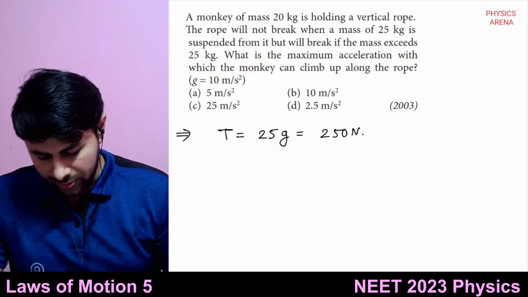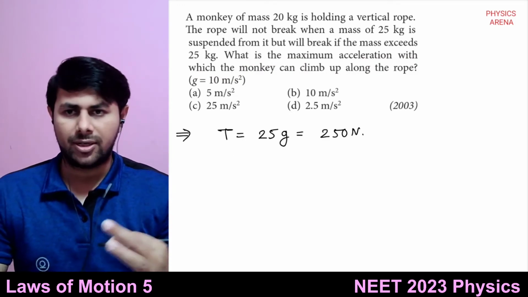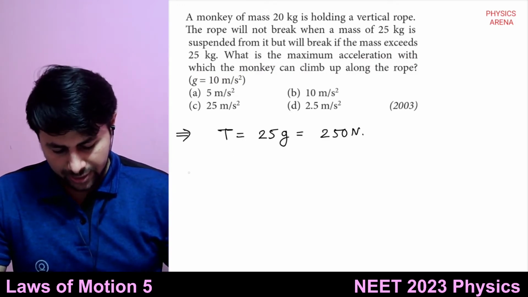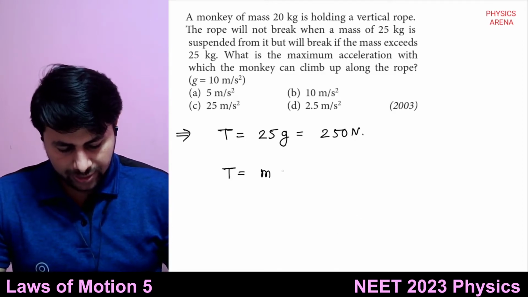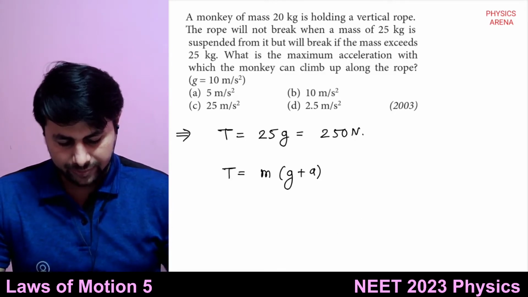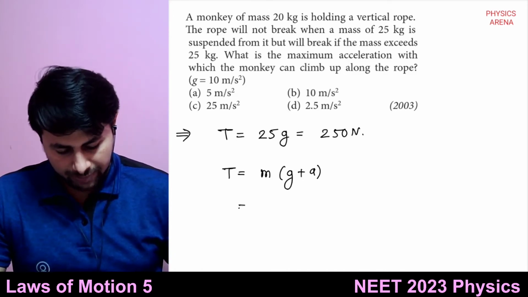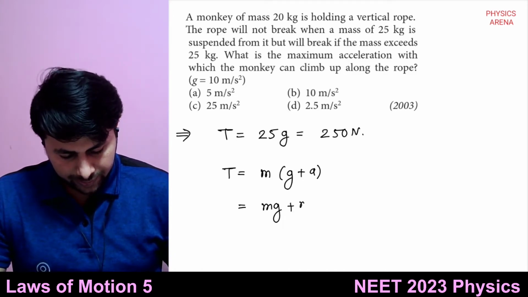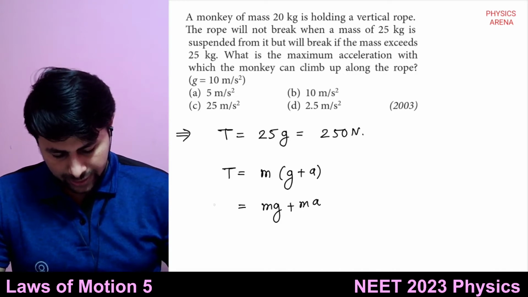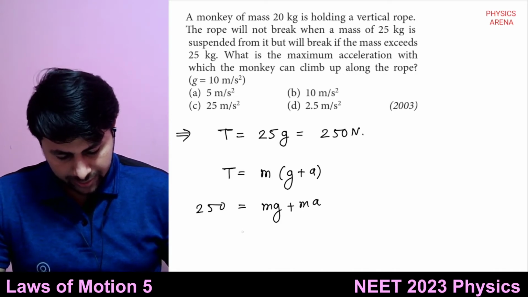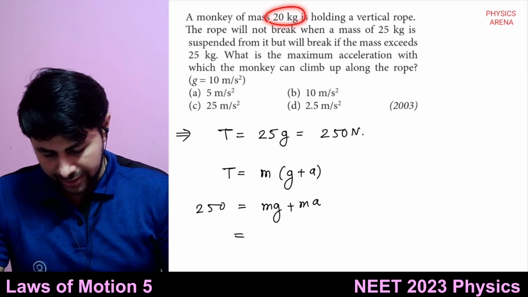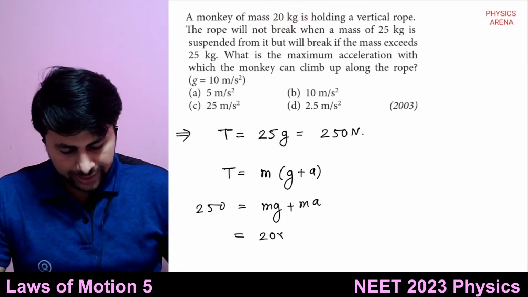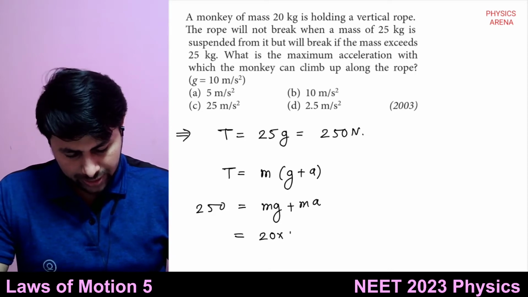So we know when the monkey climbs up with some acceleration, then in that case tension will be equal to what? m times (g plus a), or mg plus ma. And this is equal to what? 250. So what is the mass of the monkey? It is 20 kg. So it is 20 times g. g is how much? 10.